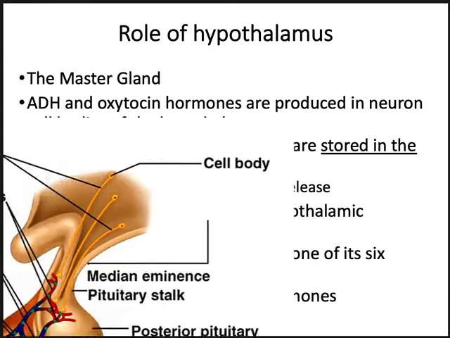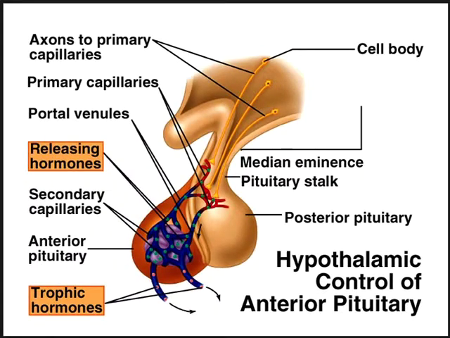All right. And then this is just a reminder of your anatomy, right? This also shows the cell body that produces the ADH and oxytocin, right? And then this special reflex that will trigger the release of those posterior pituitary hormones.